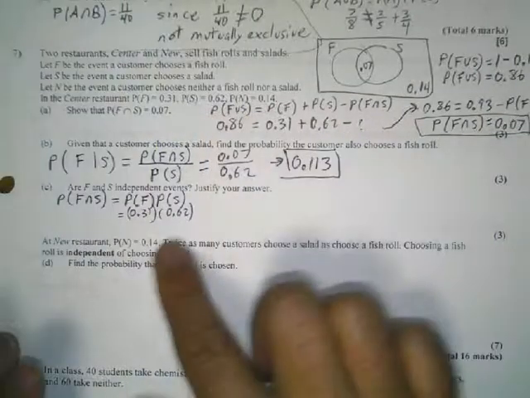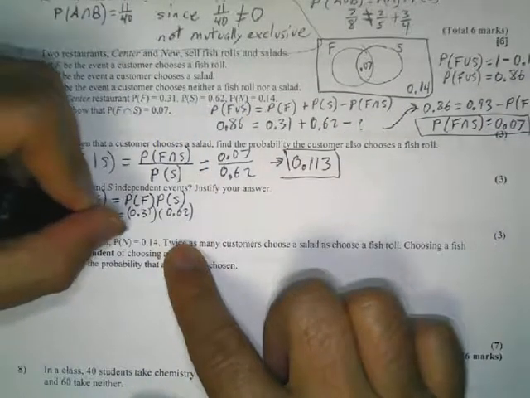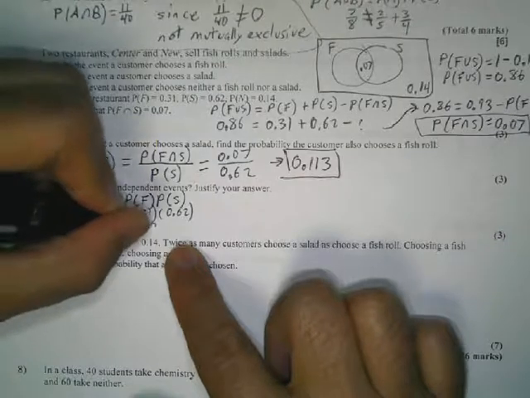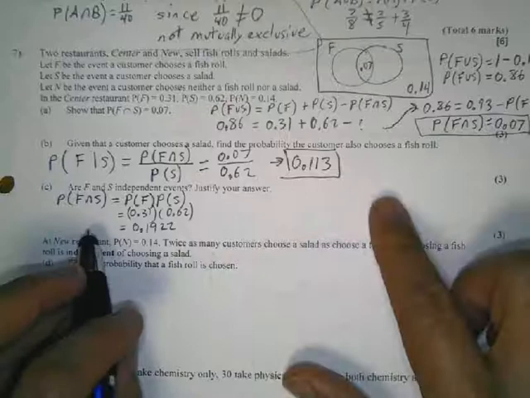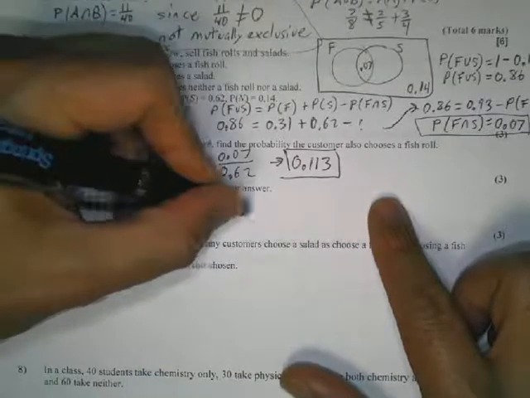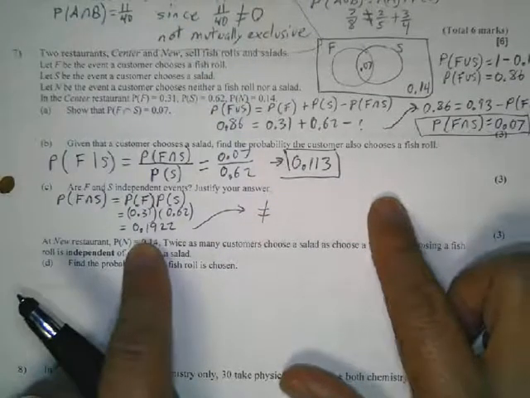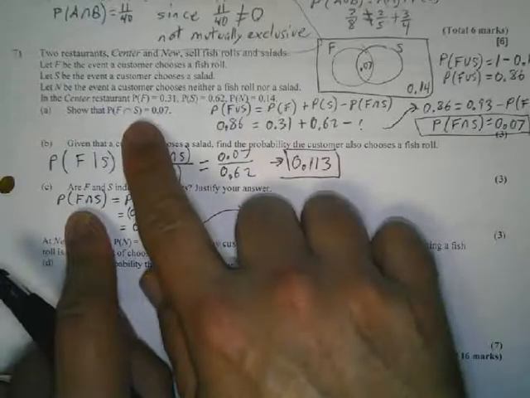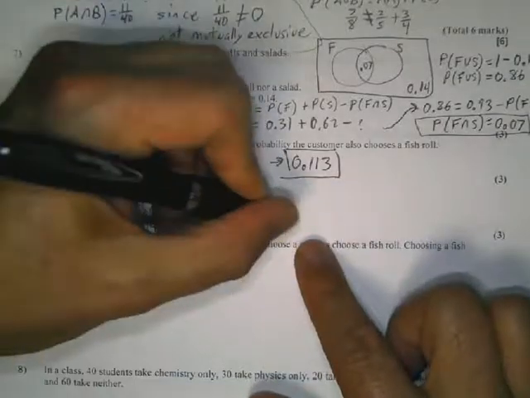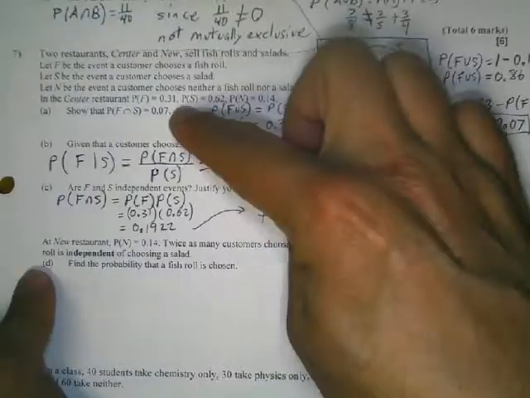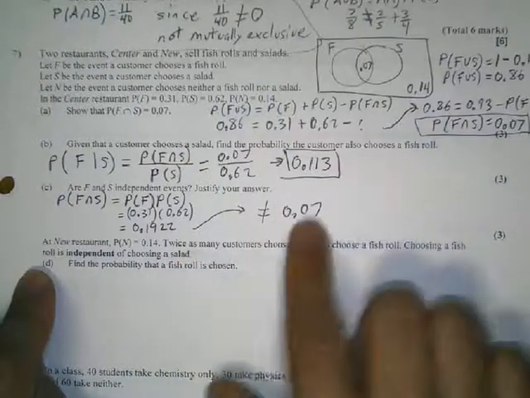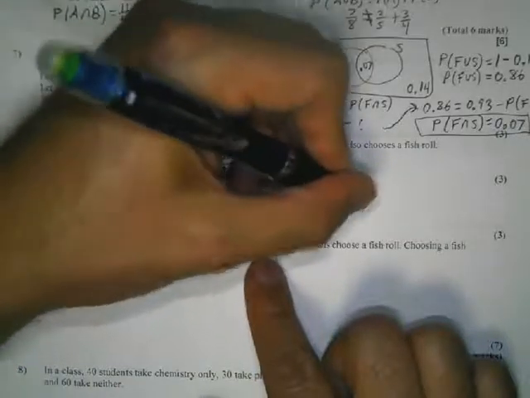Multiply those together and you get 0.1922, which is not equal to the intersection, which is 0.07, which we know from here. So since these are not equal, you can say it's not independent.